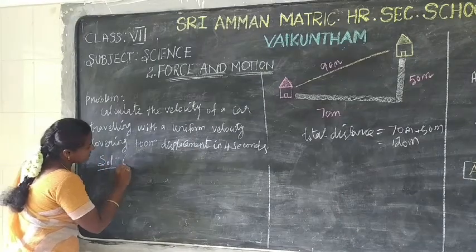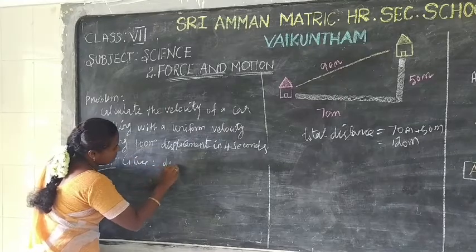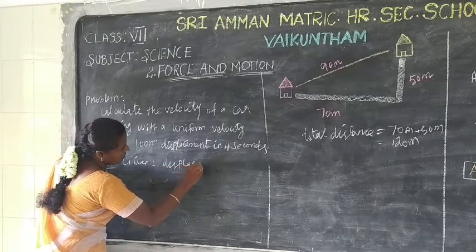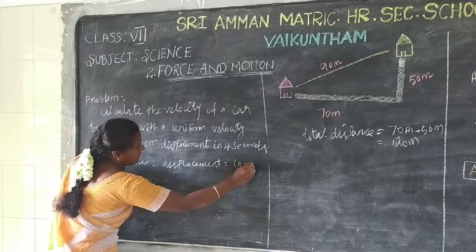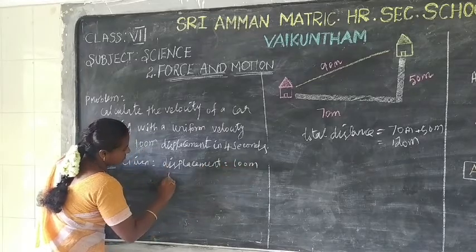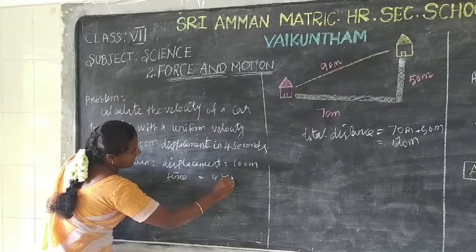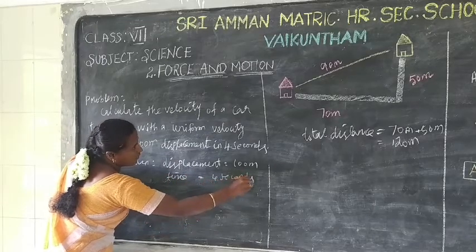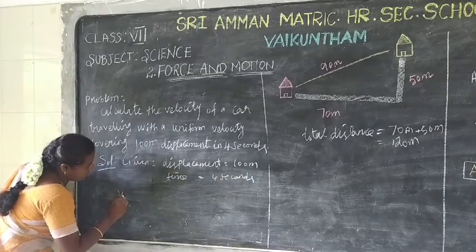Solution. Given: displacement is equal to 100 meter. Time is equal to 4 seconds. Therefore, velocity is equal to, what is the formula for velocity?